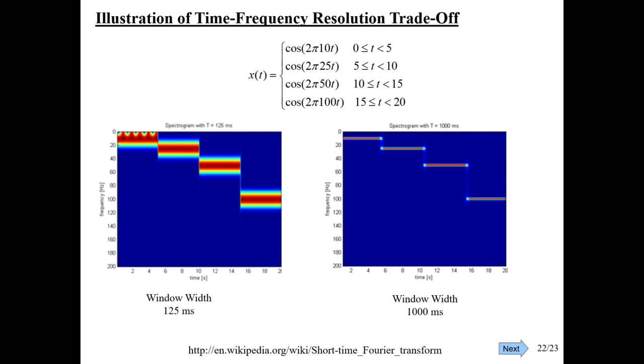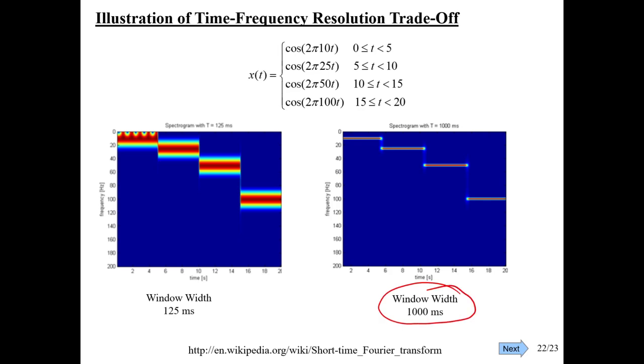I know that between these two time points, it's doing something 25 hertz-ish. There's some uncertainty as to what frequency it really is. Is it really a sinusoid at a single frequency of 25, or is it something that's spread over a range? I can't really tell.